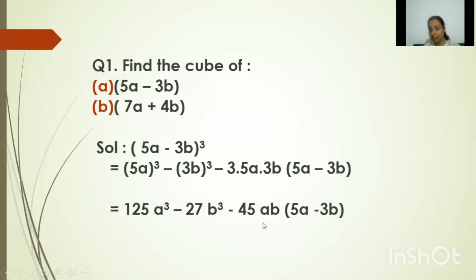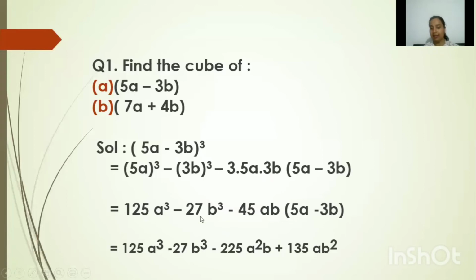Now in the next step we will use the distribution law and distribute this number inside. Let's see. As it is, as it is. Now see, minus 45 multiply 5: 5 fives are 25, 2 carry, 5 fours are 20, 22. And this a, remember, a and a is getting multiplied, so a square, and this b as it is.